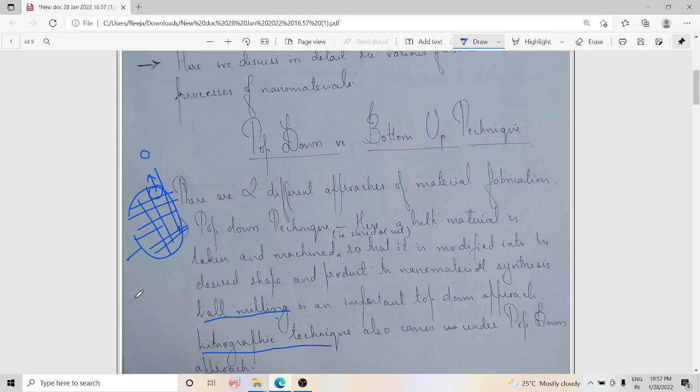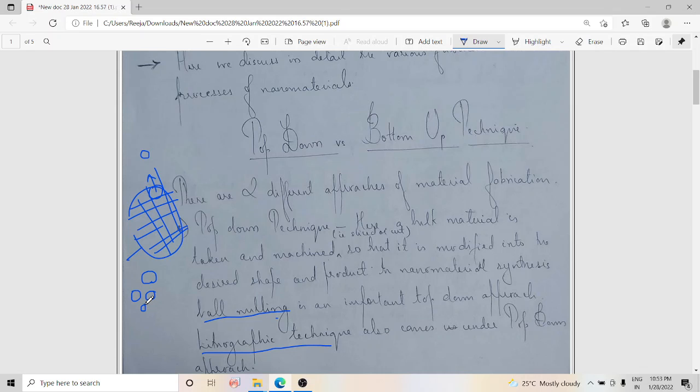The precursors are taken in their bulk form and these precursors are then ground using different steel balls having various shapes, sizes and masses.